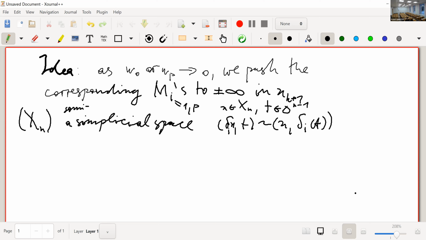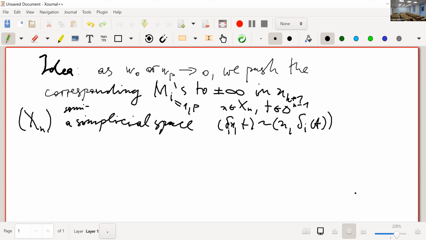In particular, when I take, for example, M1 and push it to minus infinity or to plus infinity in the k plus first coordinate, the limit is the empty set.